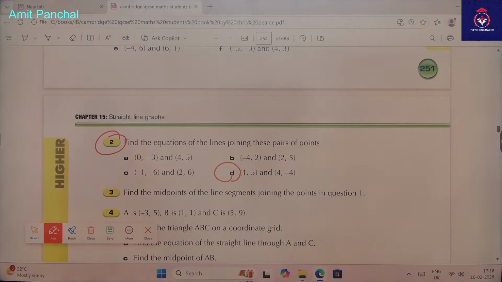Yes, sir. I got y equals minus 3x plus 8.